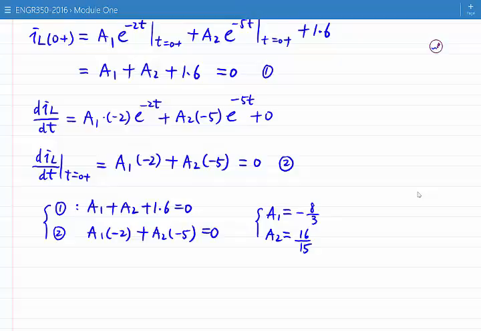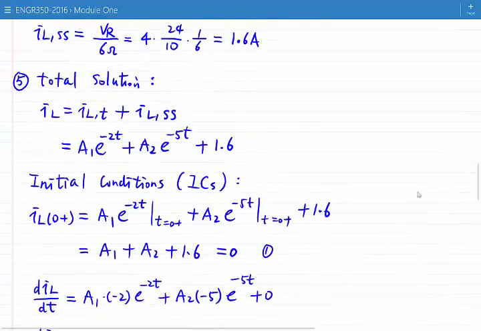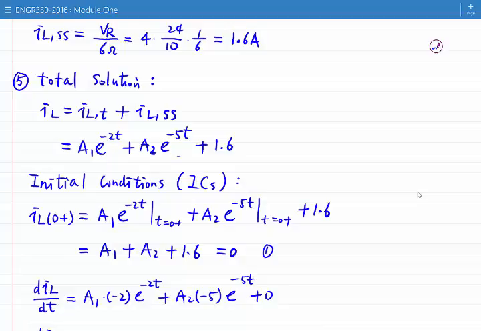So if we know A1 and A2, we can find the final total solution from here.